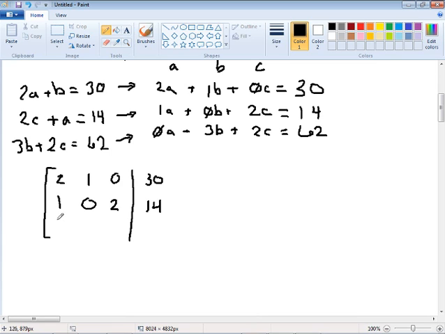And the next one's going to be 0, 3, 2, and 62. You'll notice that every one of these is set up exactly like this. This is the A column, this is the B column, and this is the C column, and this is the answer column.